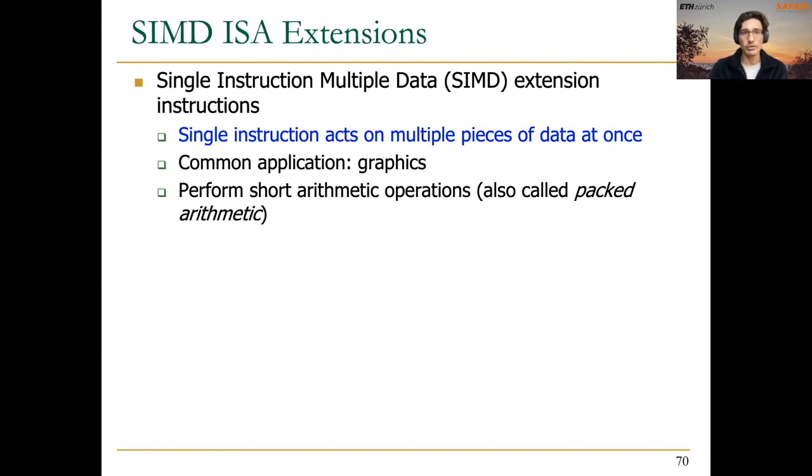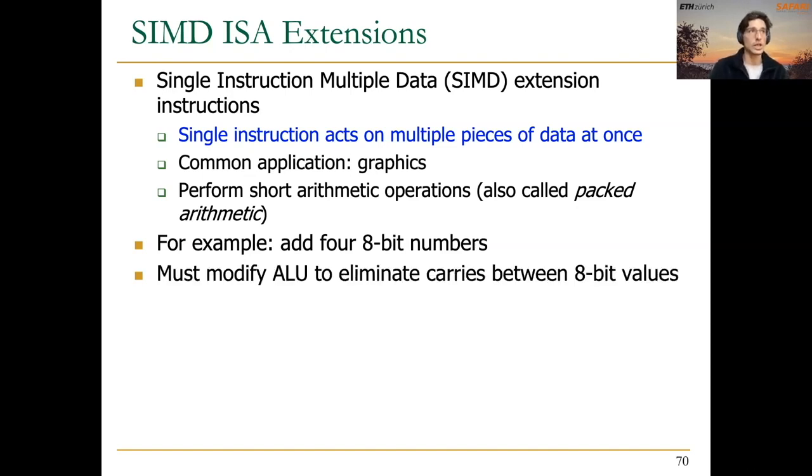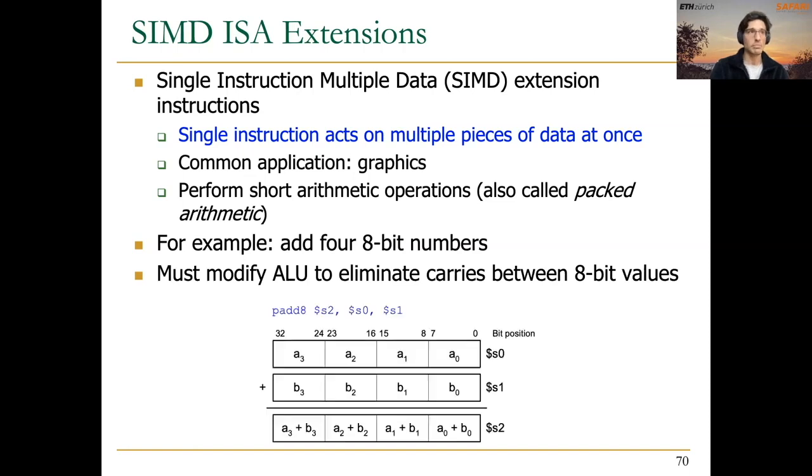Also, for some of these applications, we may not require full precision, like 64-bit or 32-bit precision. So the idea here can be dividing the current ALUs that we have in a system so that they can operate on smaller data types.